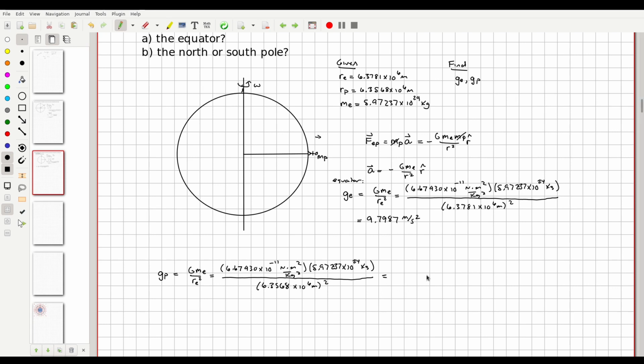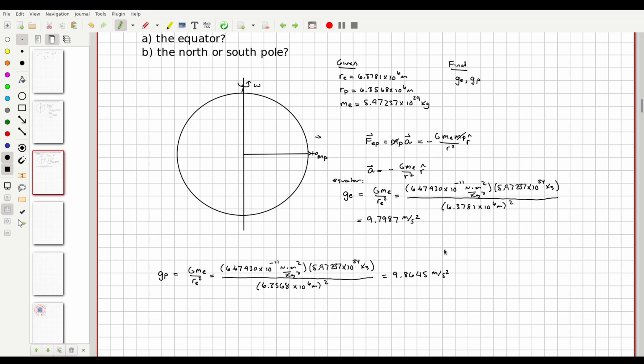So if you redo that calculation and just change that, so 3568, you get 9.8645 meters per second squared.